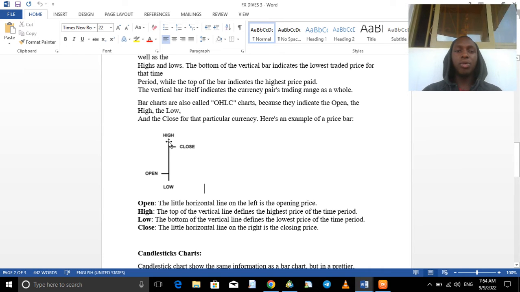The highest is always the closing price of that particular candle, and this is the closing price like I've told you. So when you are using a bar chart, this is always the open, low, high, and the close of the candle. Now you have to actually differentiate between the line chart and the bar chart.